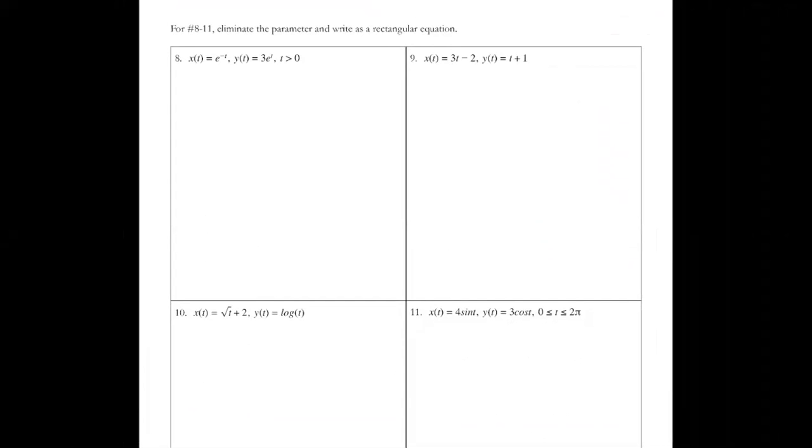How would you get number 9 to be a rectangular equation where there are no t's and there's just one equation? Sorry, for number 9. Number 9.